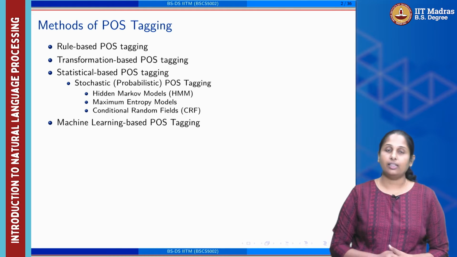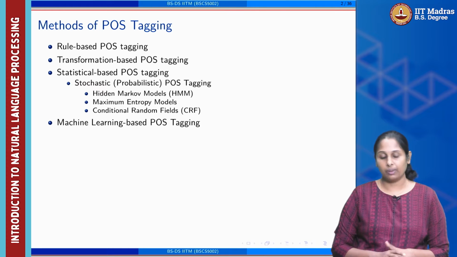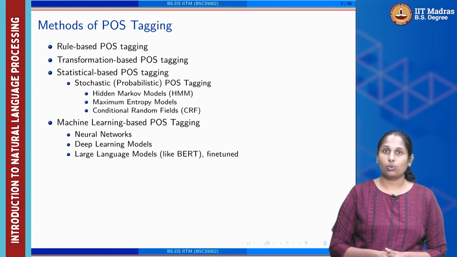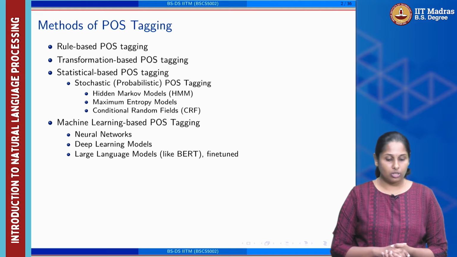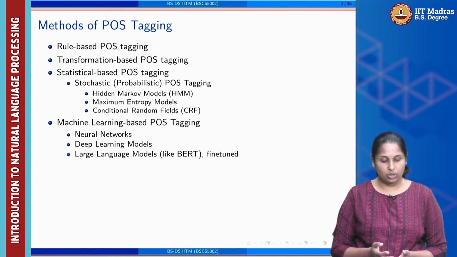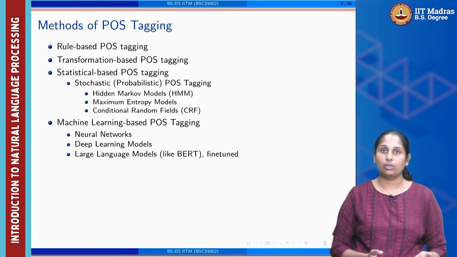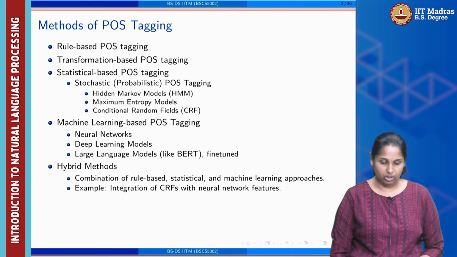And other than that, there are multiple machine learning algorithms that are popularly used in building POS tagging. It includes neural network based approaches, deep learning based approaches, and the large language models like BERT are all being used, fine-tuned to build the POS tagging for languages.